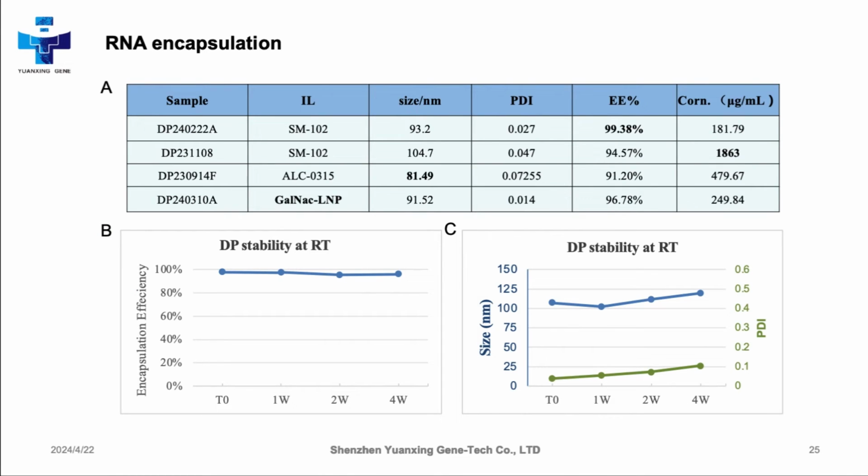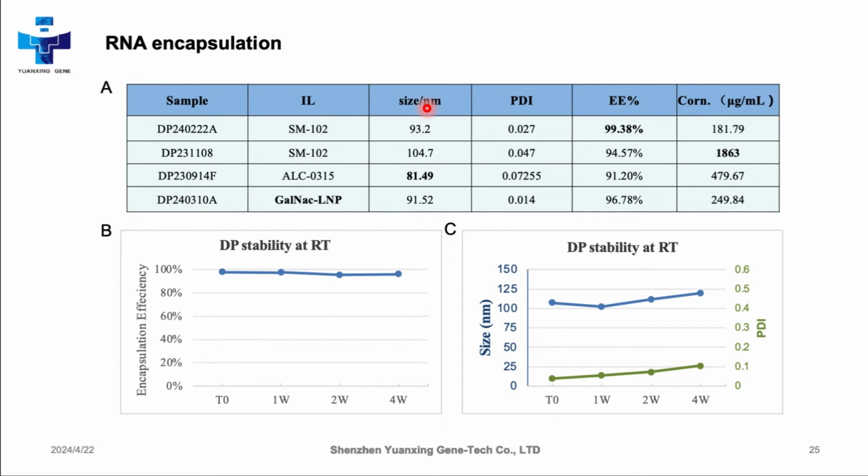Here, we present some data from the encapsulation process. In addition to the commercial cationic lipids, SM102 and ALC0315, we have also developed liver-targeted cationic lipids. And the parameters in all these cases show good quality.